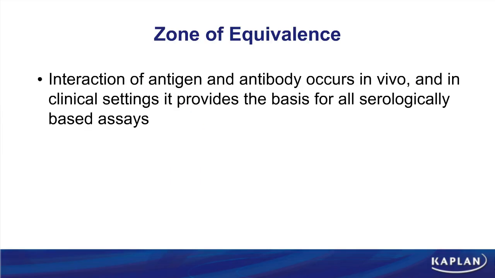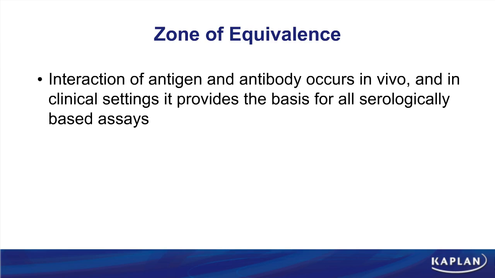Unlike papain and pepsin, the zone of equivalence is a really important concept for immunology and clinical diagnostics. In the next few slides, we're going to take a look at the interaction between antigen and antibody during different disease states.